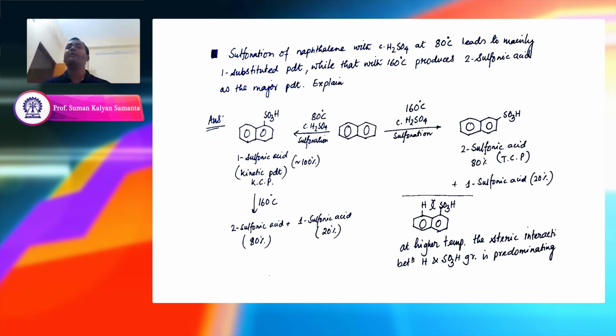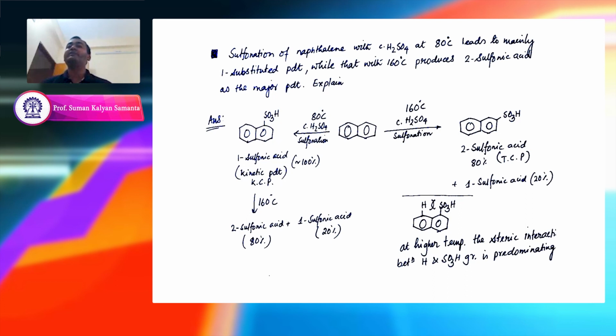Then two possibilities can happen. One possibility is that the SO3H in 1 sulfonic acid breaks, the bond breaks completely, it comes to the naphthalene and sulfuric acid state, followed by the reaction. If that happens, then your S35 can be incorporated easily.